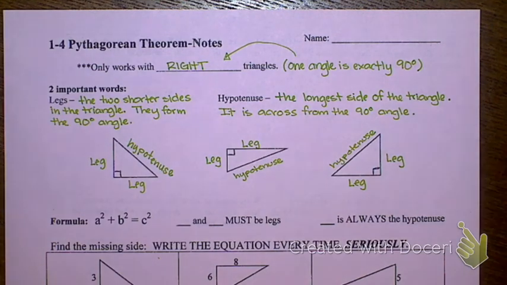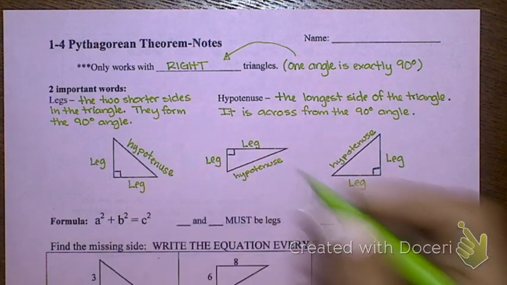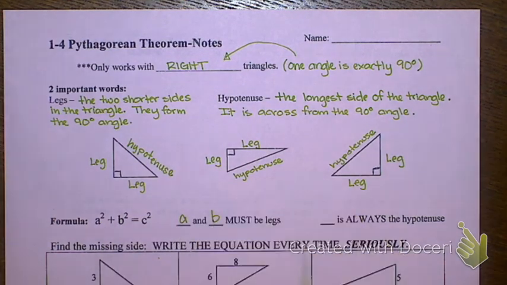One of the things you probably do remember from last year is the formula that you use for Pythagorean Theorem. Do you remember what it is? a squared plus b squared equals c squared, right? What do the a and the b and the c represent? These two represent the length of each leg.